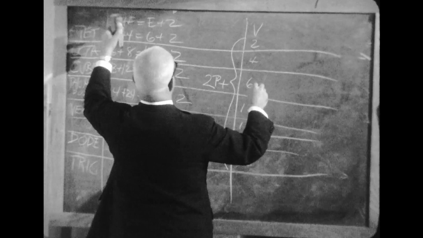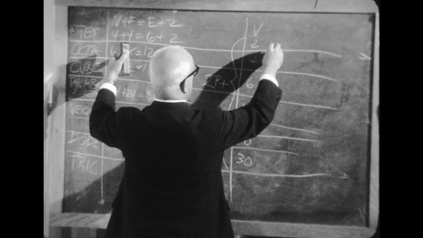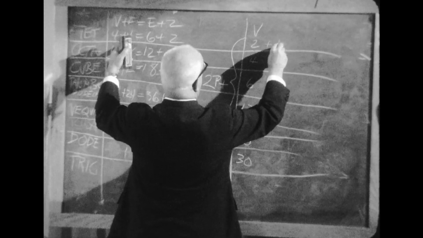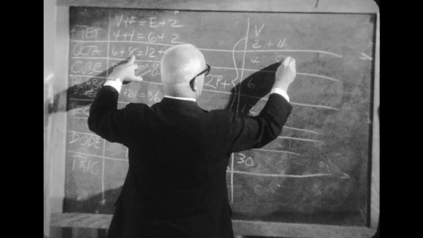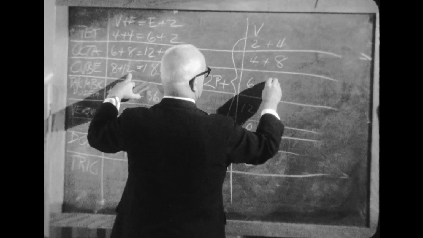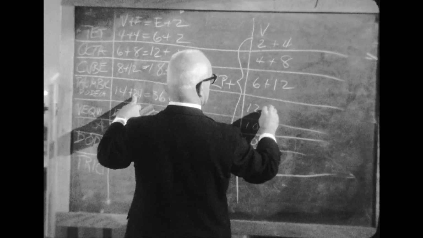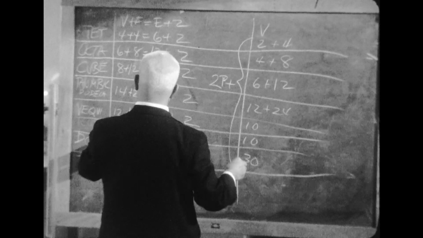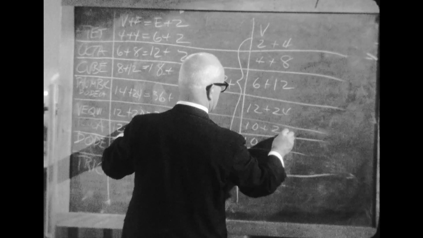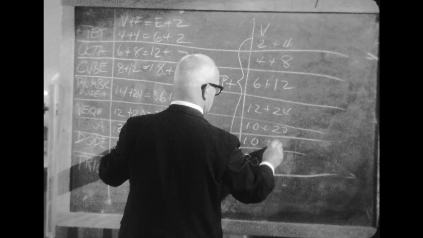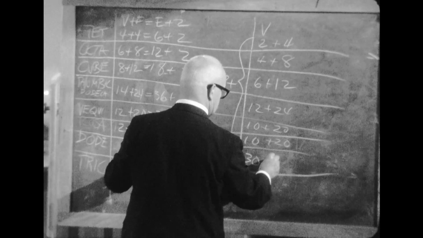Now, the rest of the formula stays the same. There'll be plus 4 faces, 8 faces, plus 12 faces, plus 24 faces, plus 20 faces, plus 20 faces, plus 60 faces.